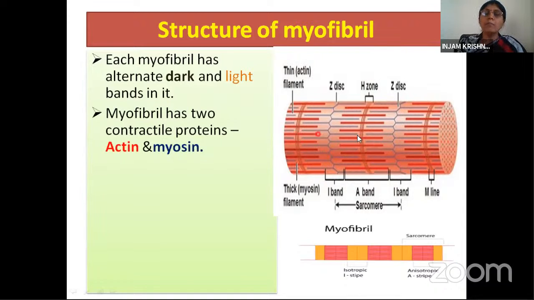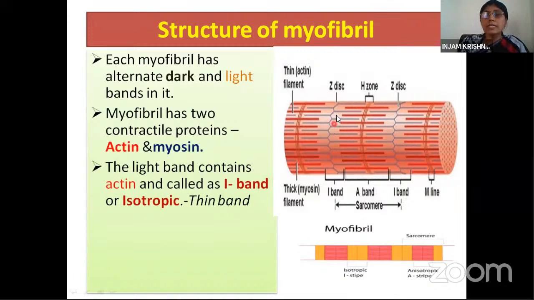Already I told you, myofibril is cylindrical in shape and very long. Here, the dark and light bands are due to the proteins. Those proteins are actin and myosin. Here, actin is thin and myosin is thick.